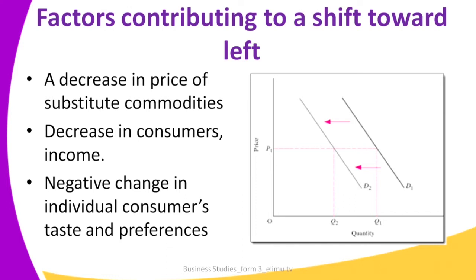And if the taste of a product is not favorable even to you, you will not demand more of that product, and therefore that lowers the demand of that product. So a negative change in consumers' tastes and preferences lowers demand, and that is what results in the demand curve shifting to the left. From the diagram that we have there, you can see the demand curve is shifting from D1 to D2.